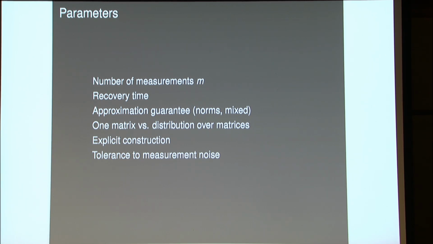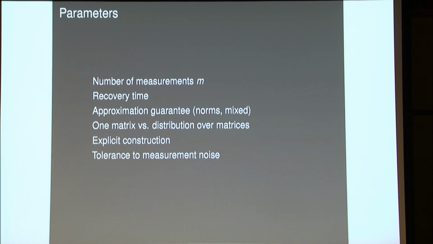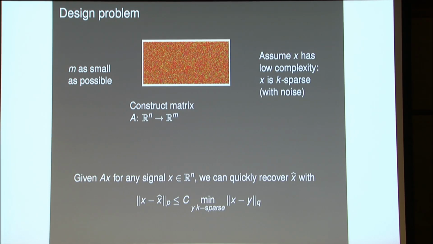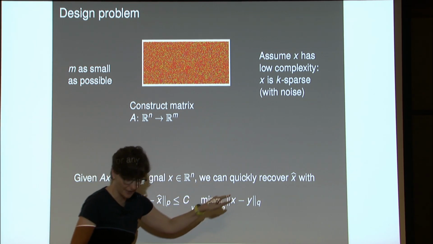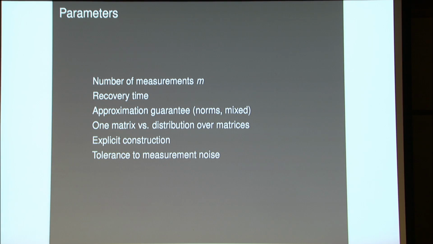That's really important. In fact, to me, I spent quite a while trying to come up with very, very fast algorithms, and just embedded in this design problem is this question: how quickly can you recover? Well, how quickly is quickly? Can you come up with an algorithm that recovers only, roughly speaking, the k largest entries in x?